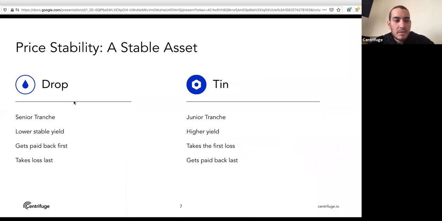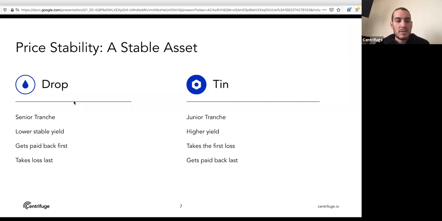In the traditional world, this is called senior tranche and junior tranche, or sometimes debt and equity, or A and B tranche. It essentially means that instead of having one share class, or one ERC20 token in the crypto world, that represents ownership in this pool, we actually create two. And those two have different properties.